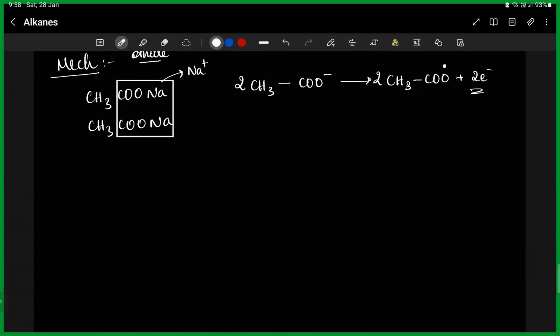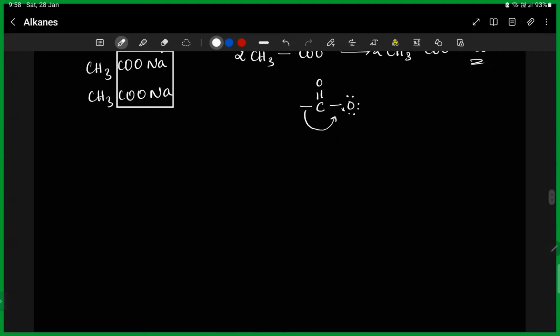Now, what would happen? You can see here the structure of the carboxylic radical. It has one extra electron, which it got through the radical. Now, this bond will shift here and it will form C double bond O. What is this?